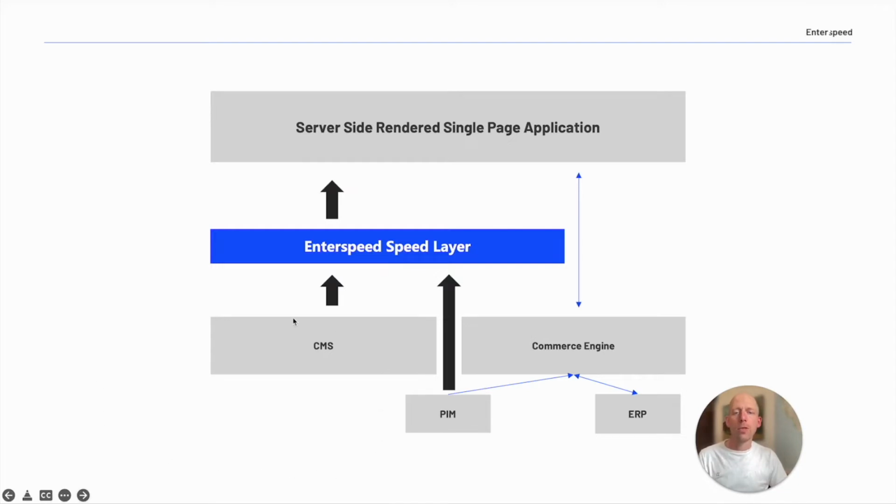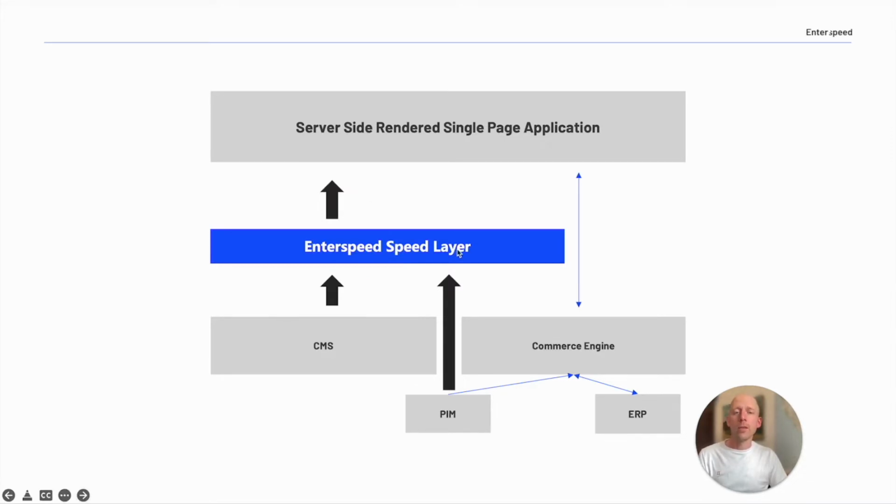So instead of using the CMS as a middle layer that it's probably not designed for, you can send the data from your PIM directly to Enterspeed. You can take your CMS that may or may not be designed for performance. Usually we see it's not.